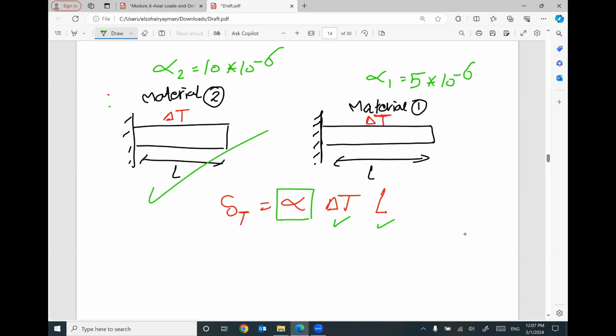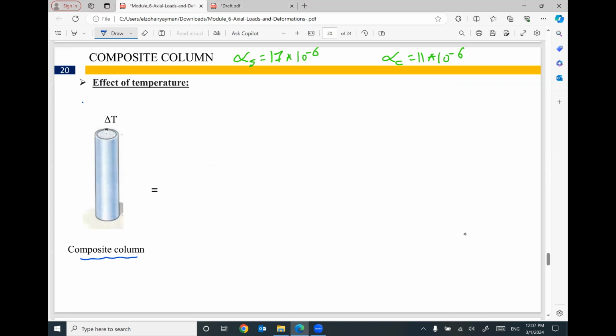So under the same change of temperature with the same length, which material will elongate more? The material with the higher value of the thermal expansion coefficient. Does that make sense? The same here. I'm going to use a technique to solve the composite column under the effect of temperature.